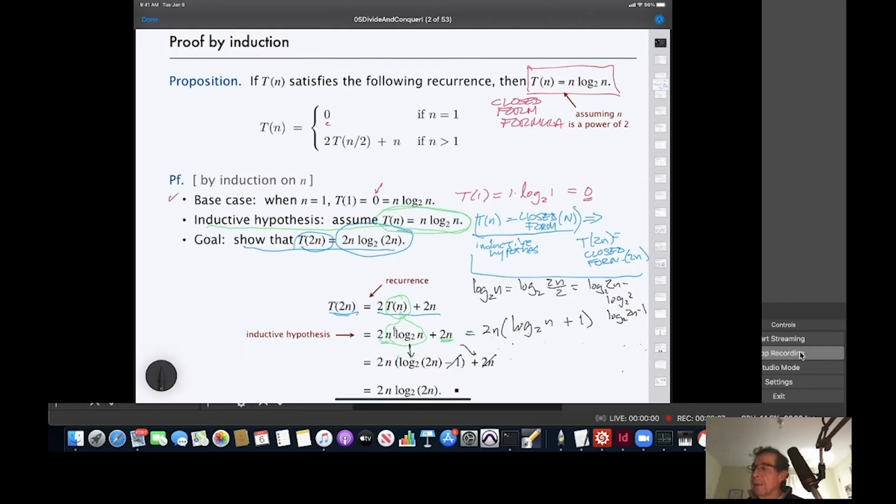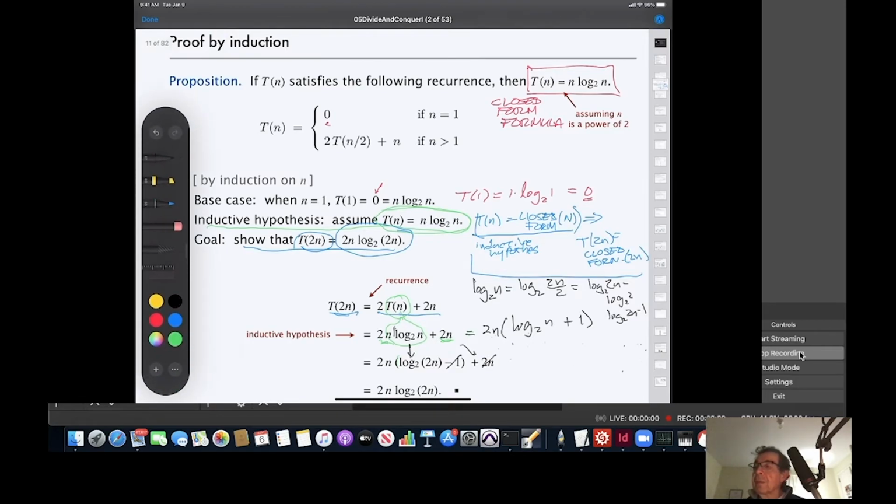So it turns out that we could reach this point, which is the result from plugging in 2n to the closed form formula, and we started from the recurrence.